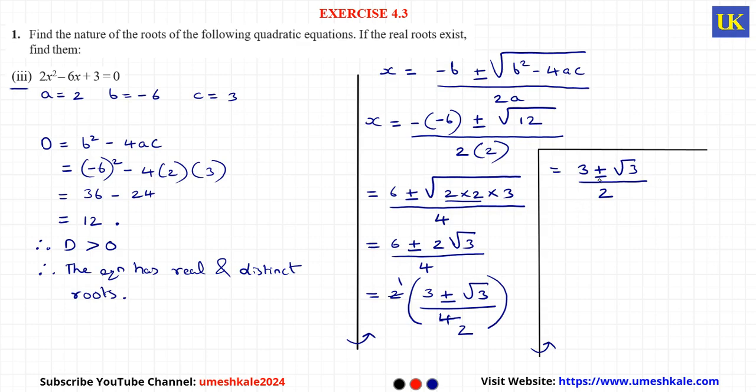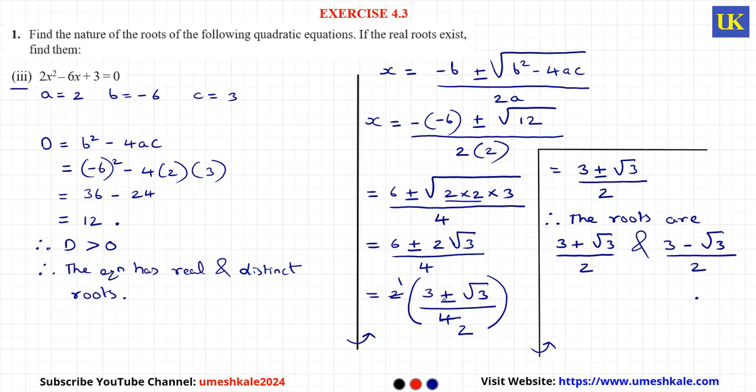So now here we have plus and minus. So once we will show with plus and once with minus, and this will be our final answer. So therefore the roots are 3 plus root 3 upon 2 and 3 minus root 3 upon 2.